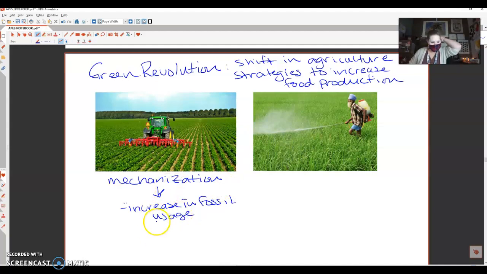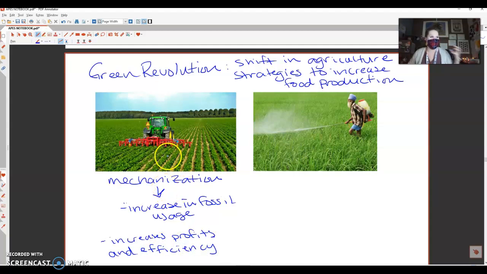But it also increases profits and efficiency. So we're able to get more food up front faster than if this were picked by humans.